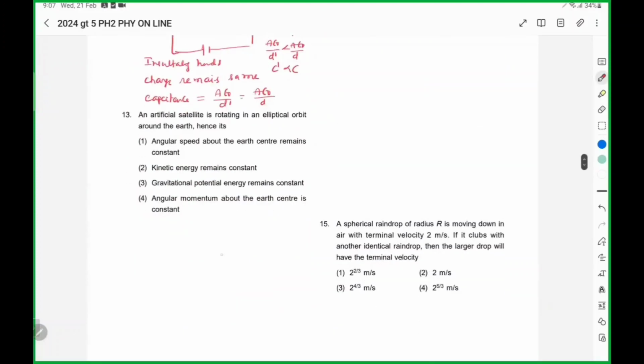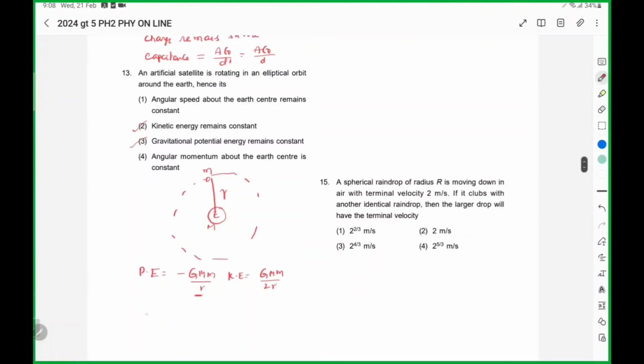An artificial satellite is rotating in an elliptical orbit around the Earth. The potential energy is minus GMm by r, with Earth mass and satellite mass, in an orbit of radius r. Kinetic energy will be GMm by 2r. So kinetic energy depends upon which orbit it moves in, and potential energy also depends on radius.